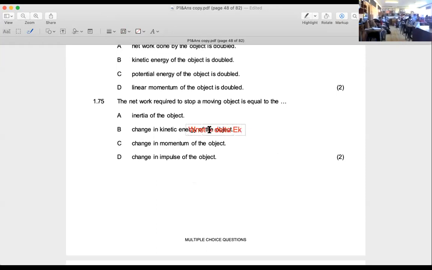I wonder if that would help. Using the work energy theorem. Net work to stop a moving object is equal to the change in kinetic energy. Okay, it must be that one. That is the work energy theorem. Okay, it's not momentum, but I'm not sure we did this one.